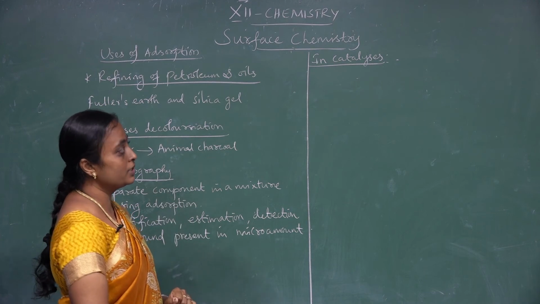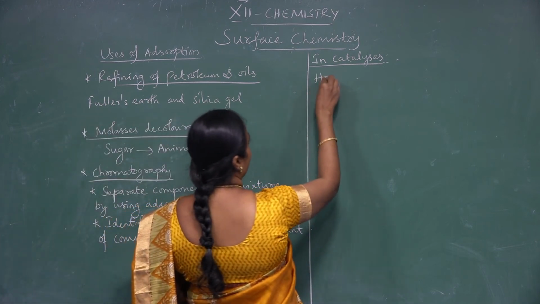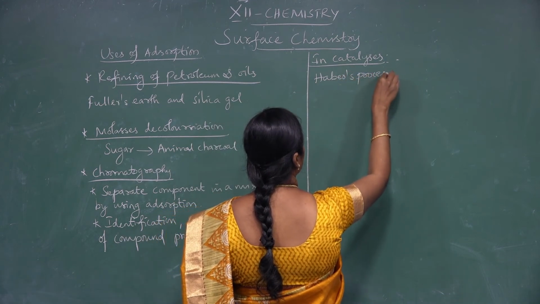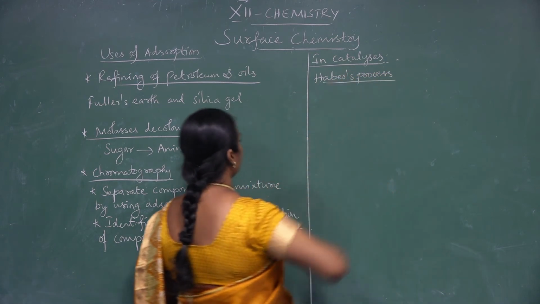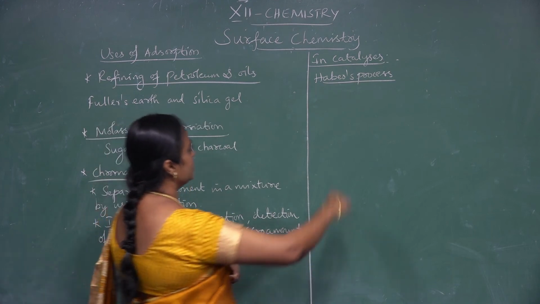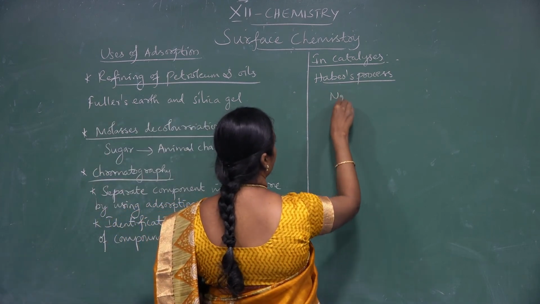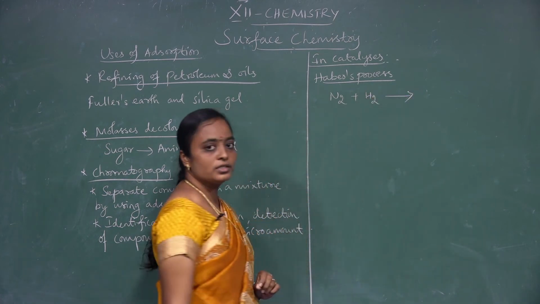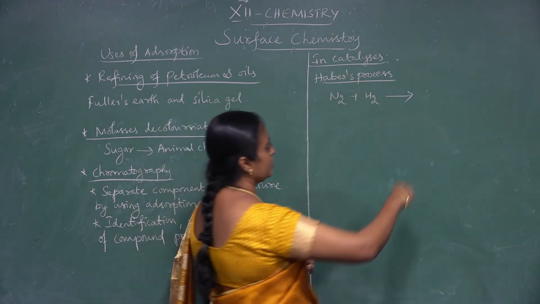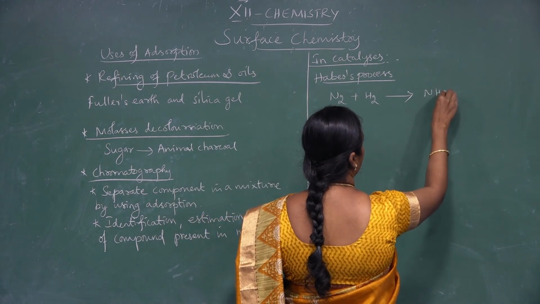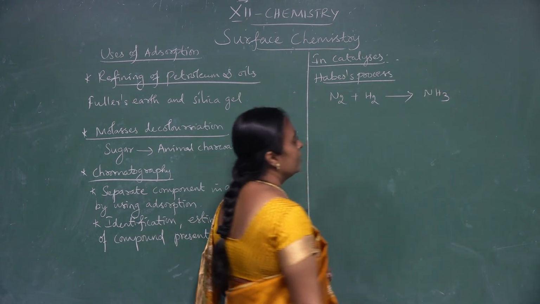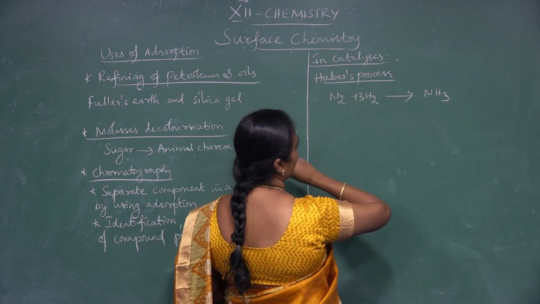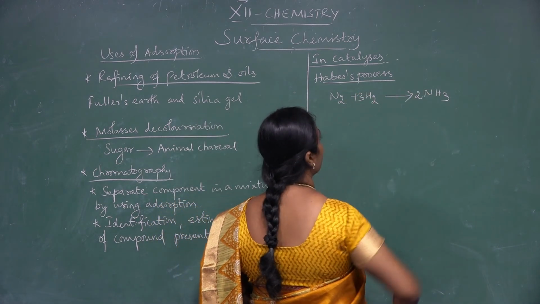Take Haber's process, which is the synthesis of ammonia. I can prepare ammonia by taking gaseous hydrogen and gaseous nitrogen: N2 + 3H2 gives 2NH3, which balances.